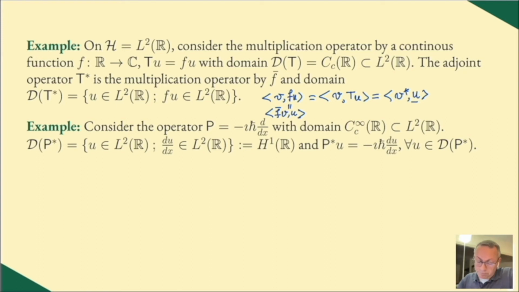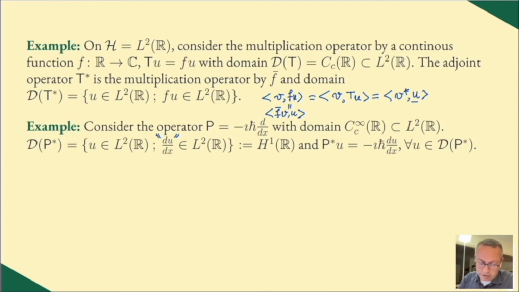We will see that the domain of its adjoint is the set of functions in L2 such that its derivative is in L2. But I will put quotes here because it's not the derivative in the usual sense. I will explain it. And the action of P star is simply the same action as P.